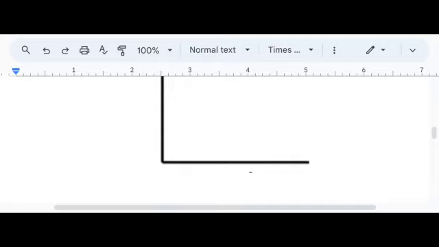How much do you get? 43.5. So it's going to be 24.5 to 43.5.